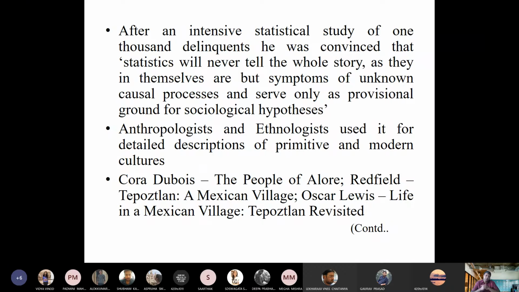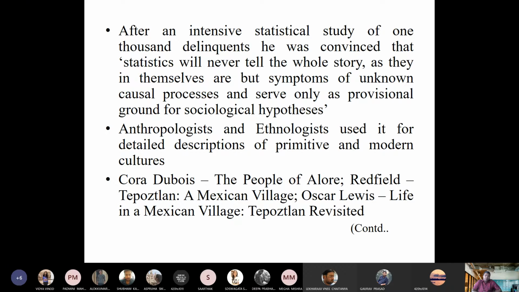He was trying to explore certain aspects through different sociological hypotheses and trying to adopt another method which would describe things in a different way, from a holistic perspective. Anthropologists and ethnologists use it for detailed description of primitive and modern culture.